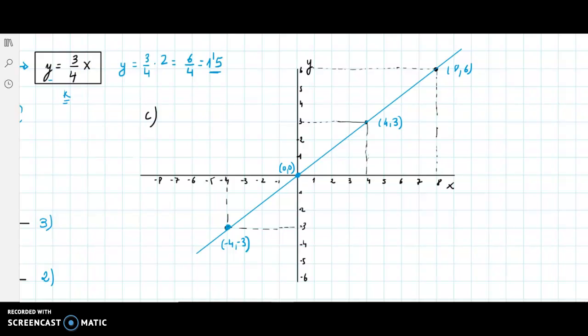Remember that this function is a straight line that always goes through the point 0, 0.